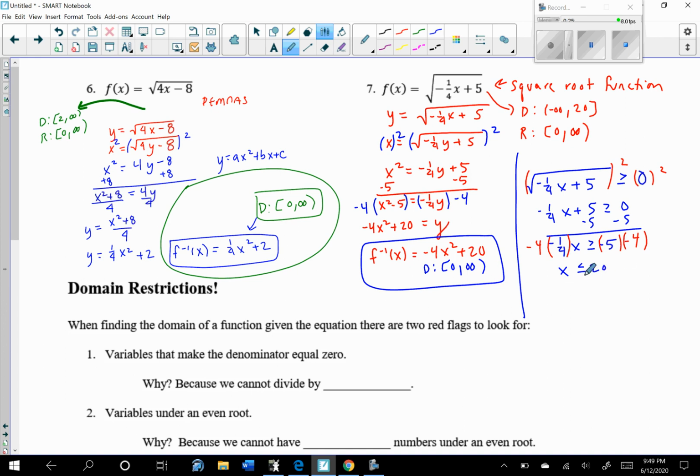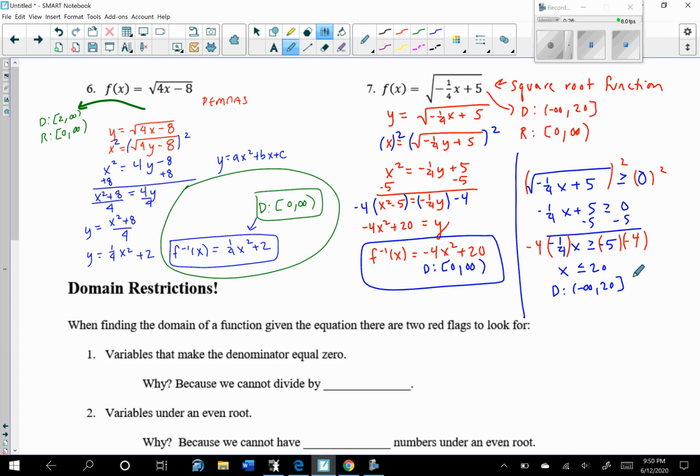So that actually gives me my domain, not from here, but again from my original equation, x values less than or equal to 20. So the domain is negative infinity to 20 bracket. And again, because that's what our graph looks like when we graphed it. So then how would you find the lowest range value?